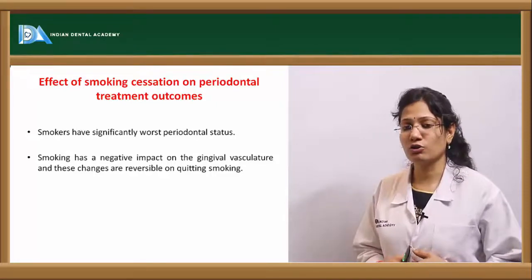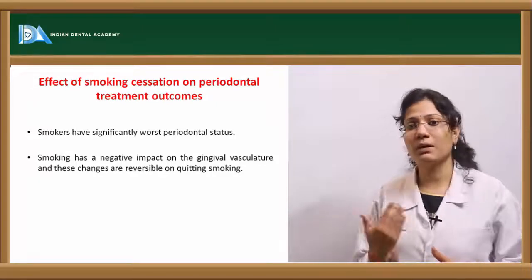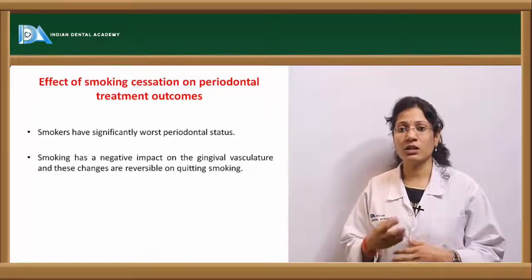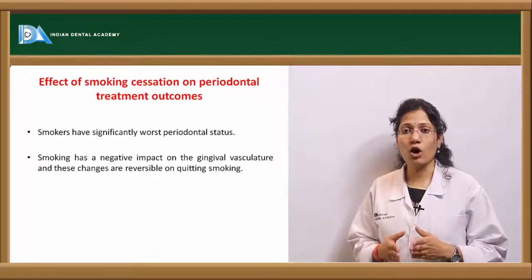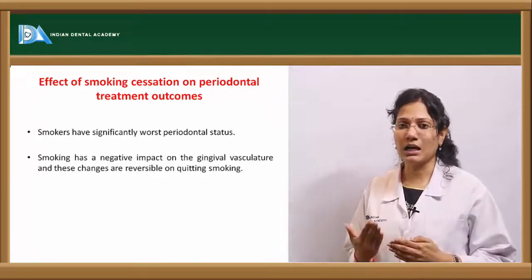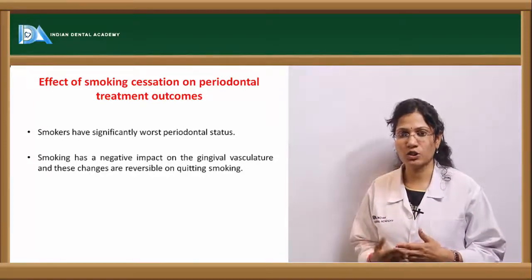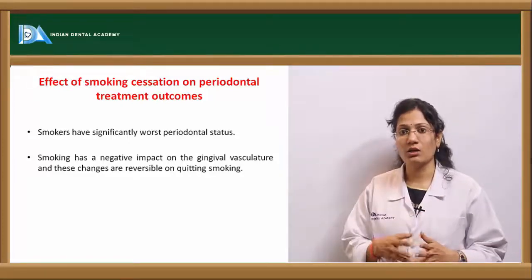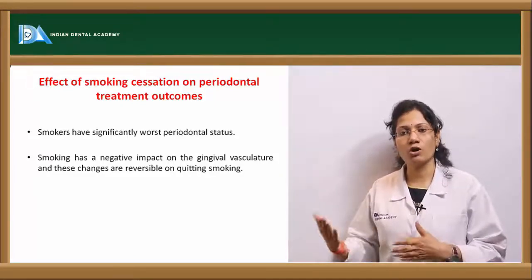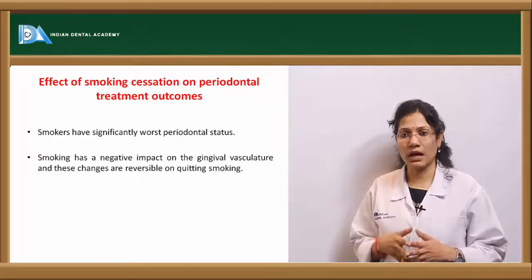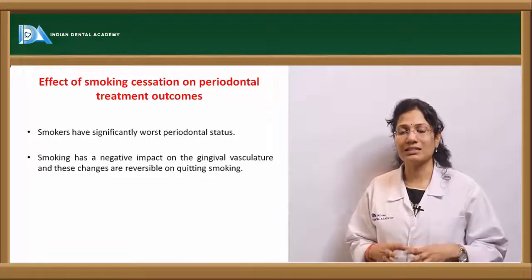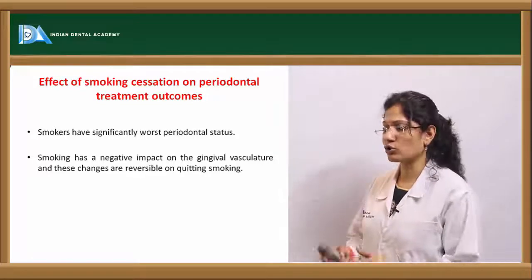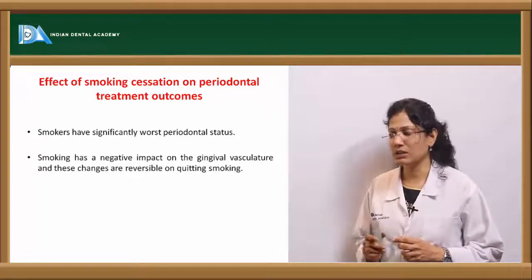The first thing to remember is that immediately after the patient stops, you have to inform the patient that there is going to be more bleeding, because the clinical signs of inflammation are masked in smokers. Once patients stop smoking, all these signs can come back, so bleeding on probing can increase. You should keep the patient aware of this.